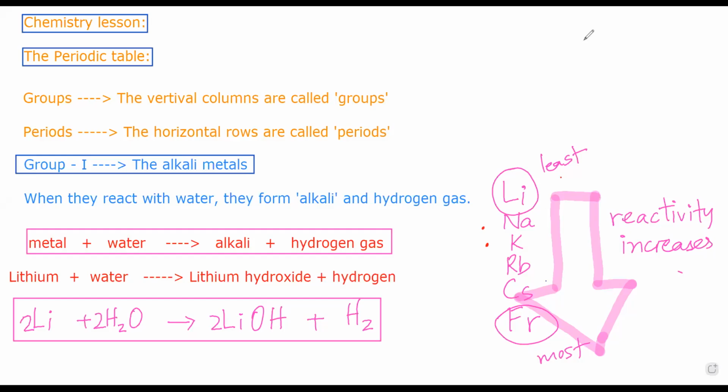Since we have written these chemical equations for group 1, now we will talk more about their physical properties, such as melting and boiling points, density, and so on. Let me draw this.